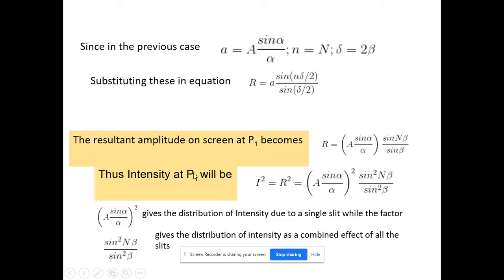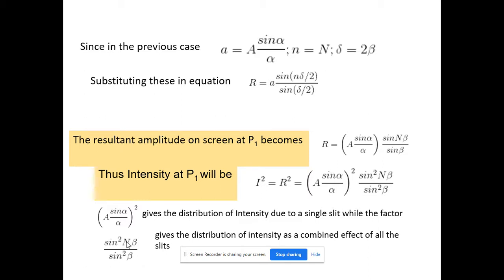Squaring this, we get the intensity at point P1, which would be A sine alpha by alpha whole square, sine square n beta upon sine square beta. The term A sine alpha by alpha whole square is the same term which we derived for the single slit, and it gives the distribution of intensity due to a single slit. That term is also known as the diffraction term. Whereas in the term sine square n beta, n contains the number of slits.